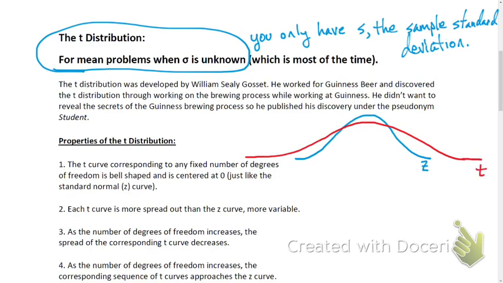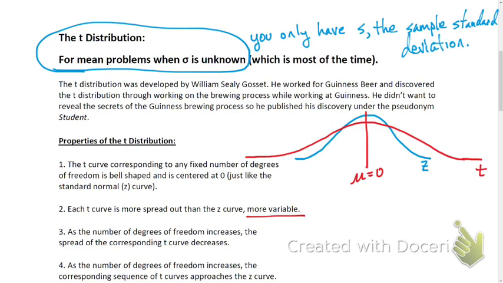And that's T. They're both centered around 0. They're both bell-shaped, but T is more variable. The other thing that's a little bit confusing is there are infinite T curves, T distributions, whereas there is just one Z curve.